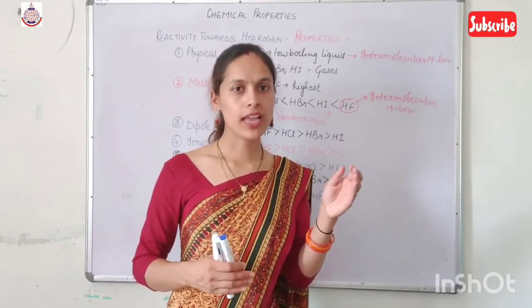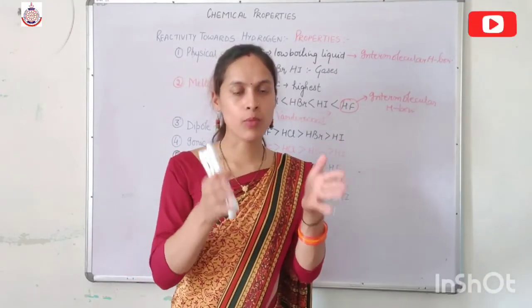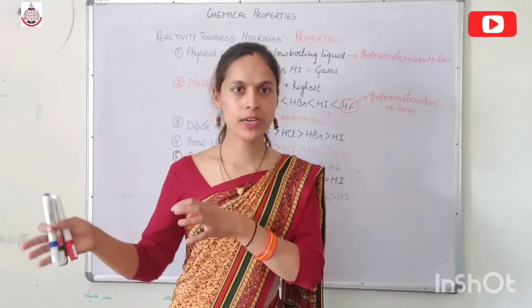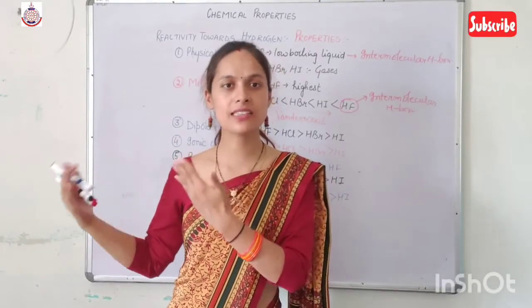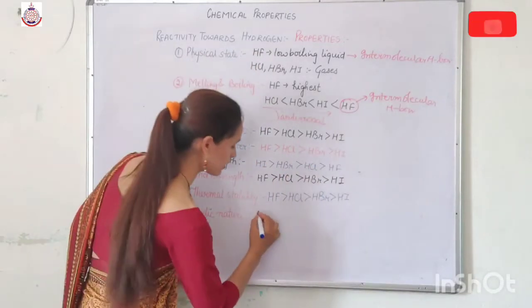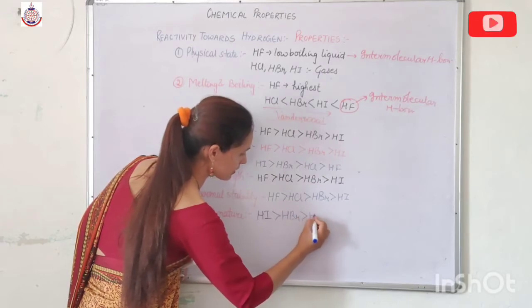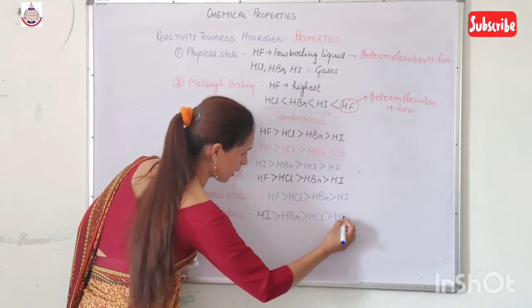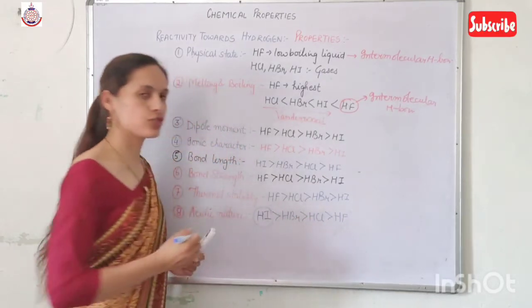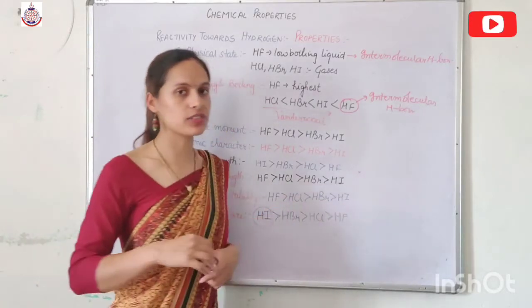So if we talk about HF and HI, in HF the bond strength is strong as compared to HI. So HI easily releases hydrogen in the form of the hydrogen ion. So the acidic strength becomes HI, HBr, HCl and HF. So HI is the strongest acid among the hydrogen halides and HF is the weakest.